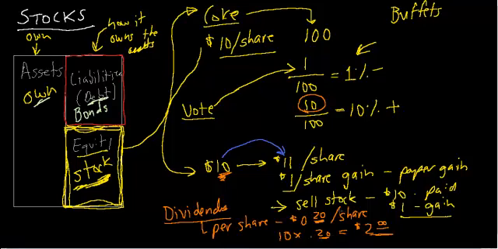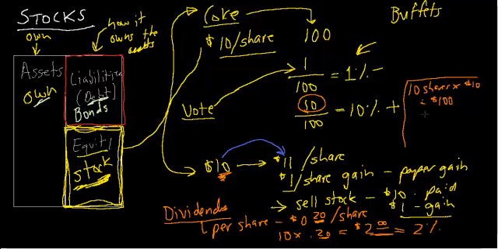Well, that's not bad, because if you own 10 shares and you paid $100 for them, this is a 2% return, right? Again, if you purchased 10 shares at $10, let's just do the math up here. 10 shares times $10 equals $100 is what you spent, right?